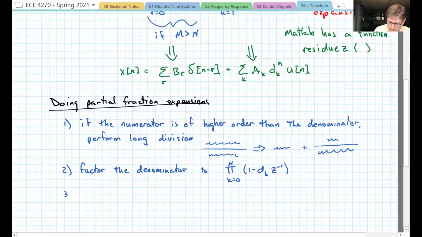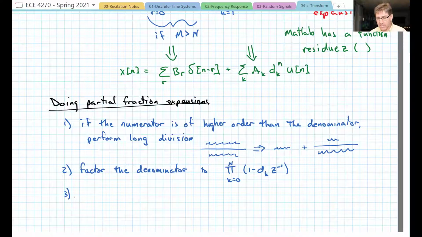And the third step is, if there are no repeated roots, then you multiply the expression by each factor in turn and evaluate at that point.